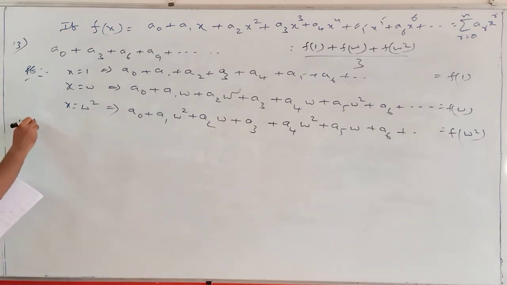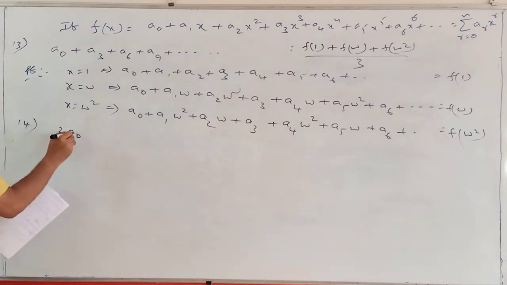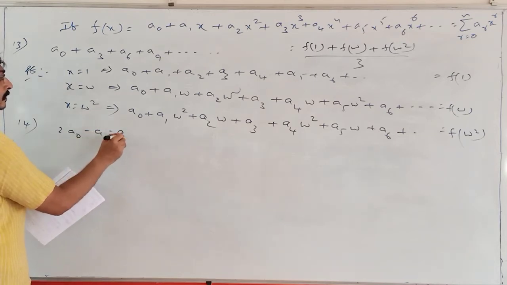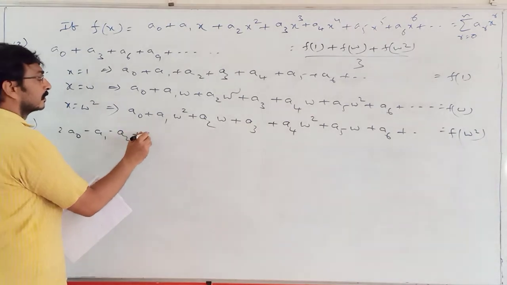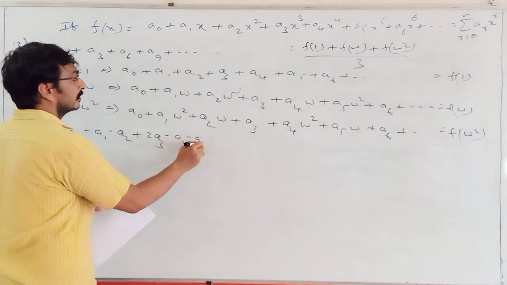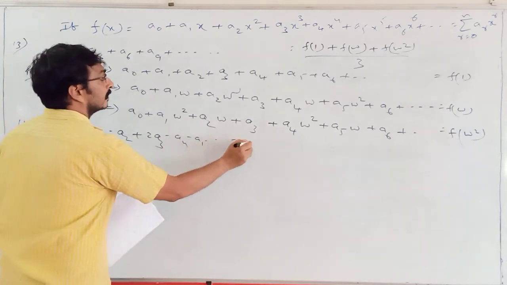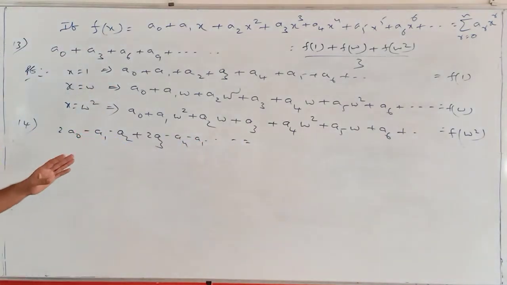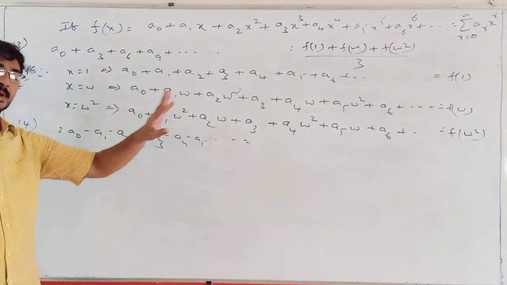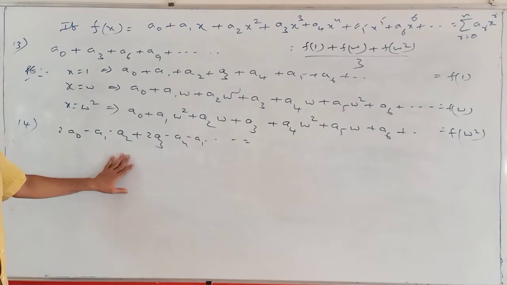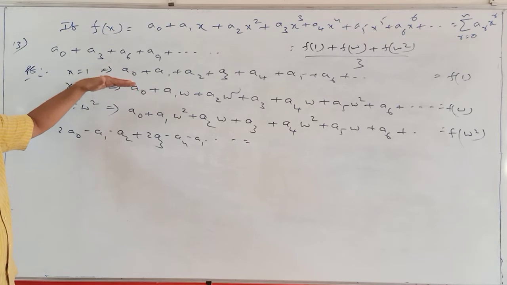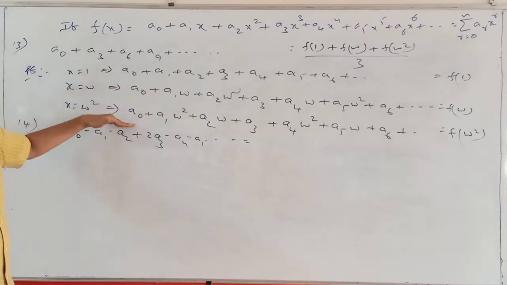Say the 14th one. Required is 2a0 minus a1 minus a2, 2a3 minus a4 minus a5, and so on: 2 minus minus, 2 minus minus, next 2 minus minus, and so on. The formula for this one is obtained by adding the second one and the third one.